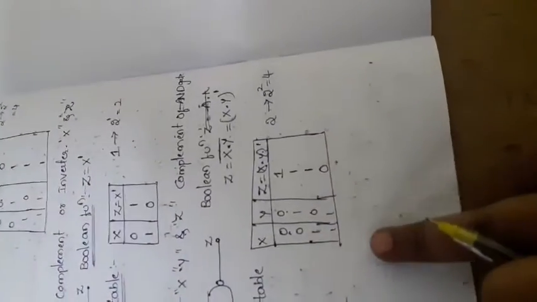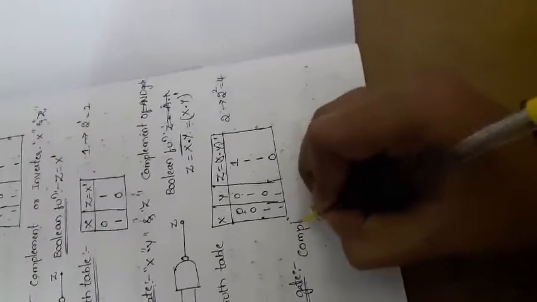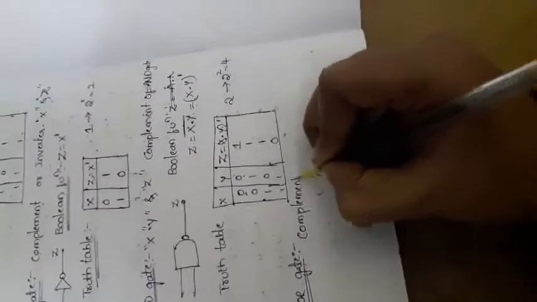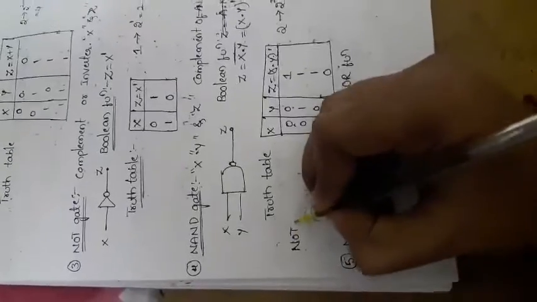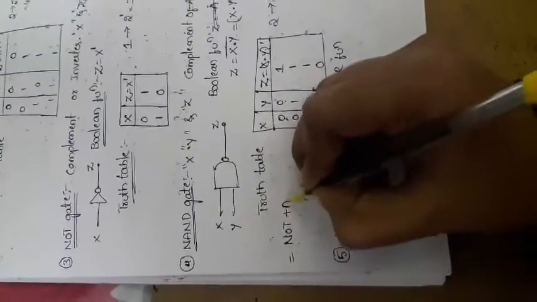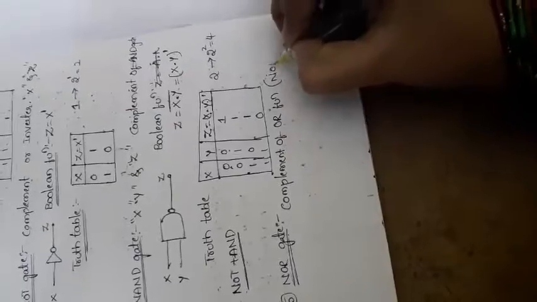The NOR function is the complement of the OR function. How do we define the NAND gate? NAND gate means NOT plus AND. Remember this point. Like this, the NOR gate we can also define as NOT plus OR.